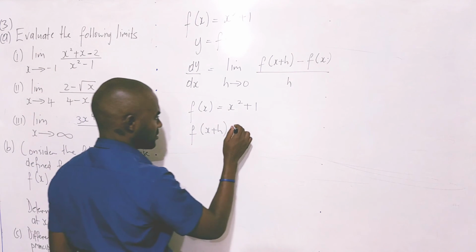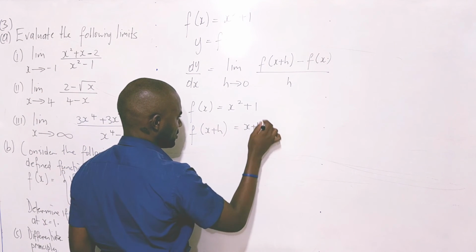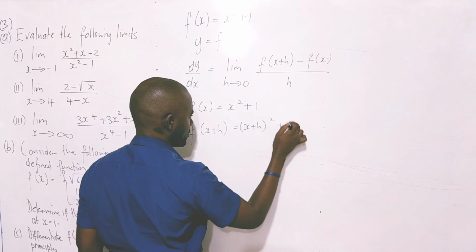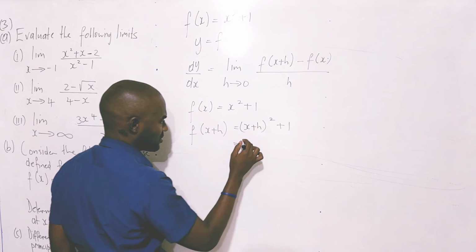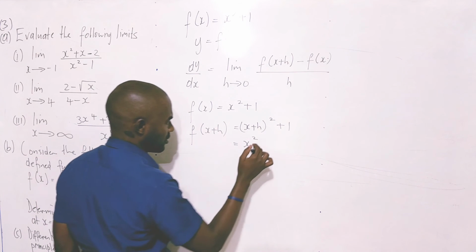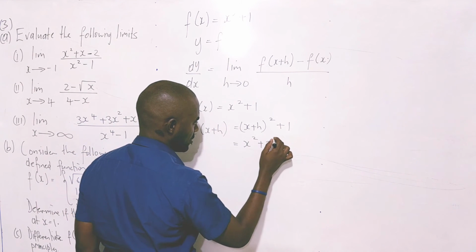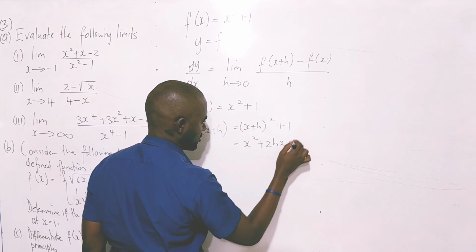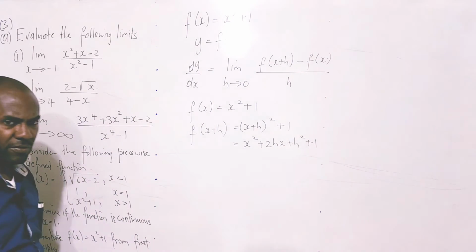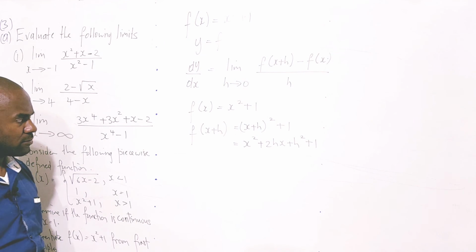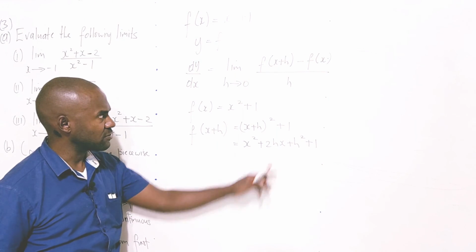So this becomes x plus h squared plus 1. We'll expand the brackets, and this expanded gives us x squared plus 2hx plus h squared plus 1. And you can verify that by expanding, right? So f of x plus h gives us this.